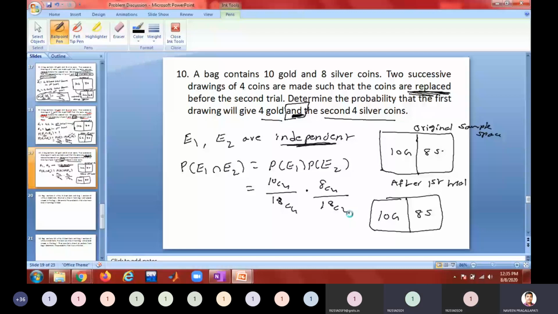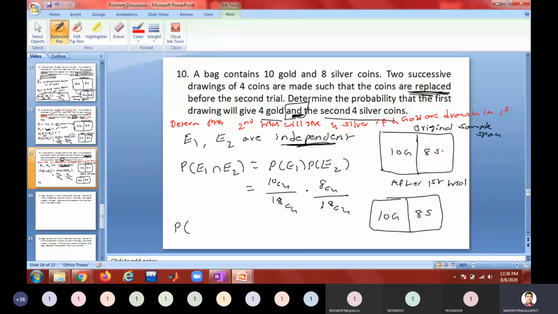Suppose the same problem is asked like this, instead of "and", what if I write: determine the probability that the second trial will give 4 silver coins if 4 gold are drawn in the first trial.